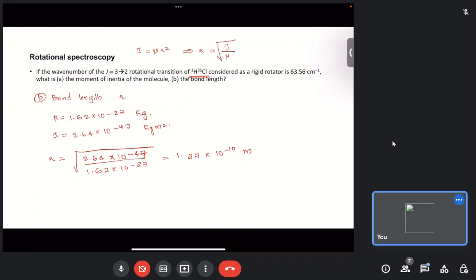So square root of 2.64 divided by 1.62 will give you 1.27, and square root of 10 to the power minus 47 divided by 10 to the power minus 27 will be equal to 10 to the power minus 20.